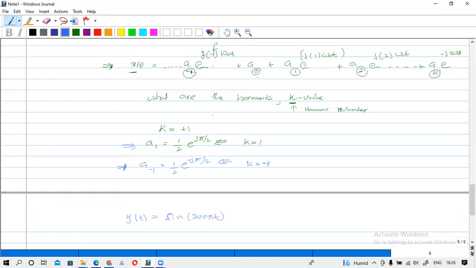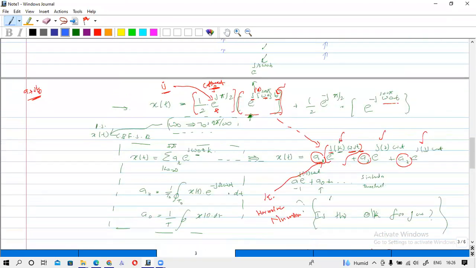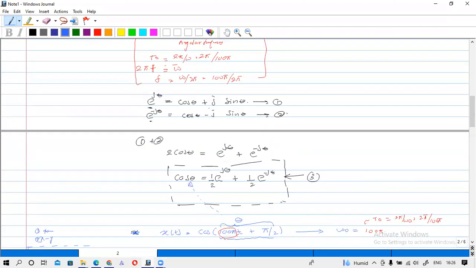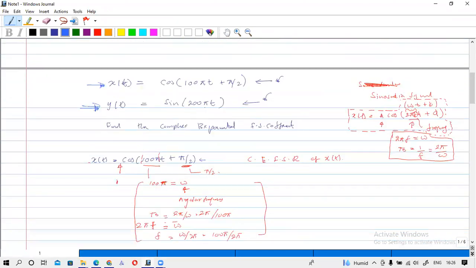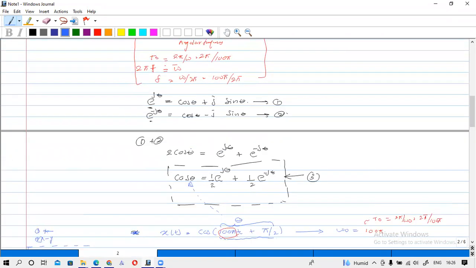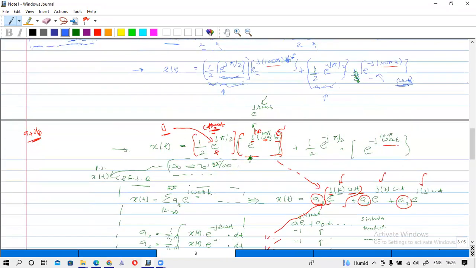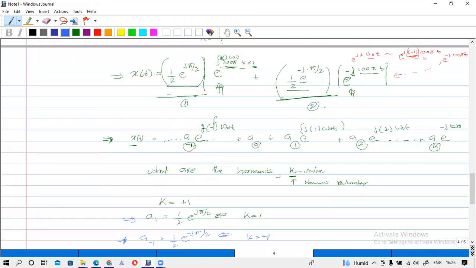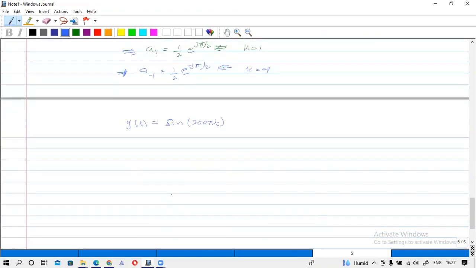That is the signal, no? Now please write this in terms of complex exponential terms using the Euler formula. Try by yourself how to write this by Euler formula.